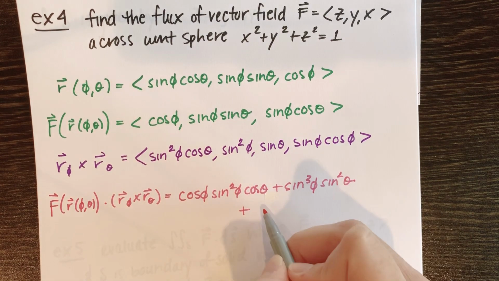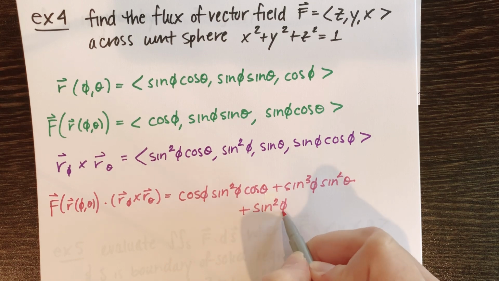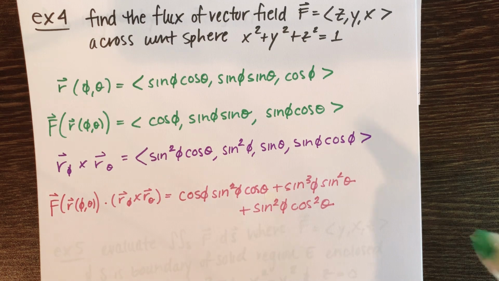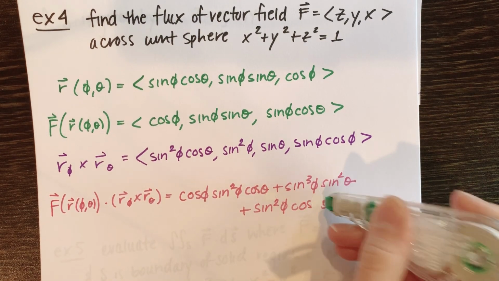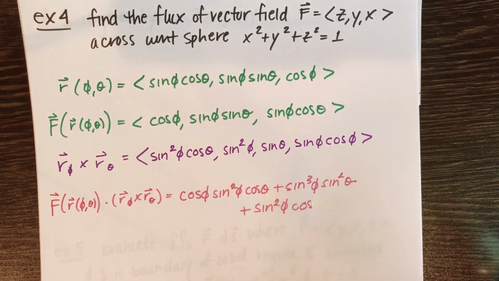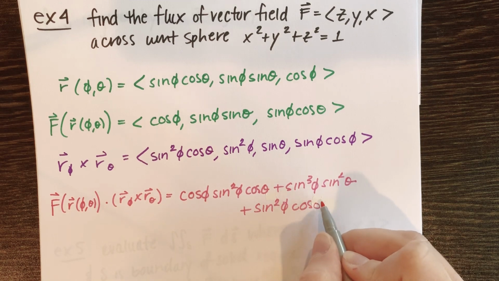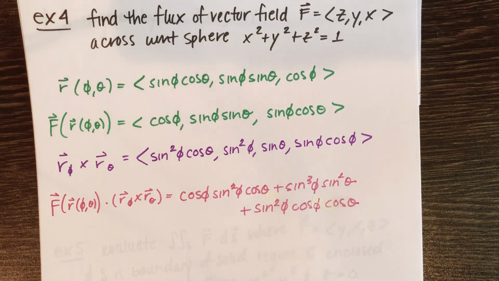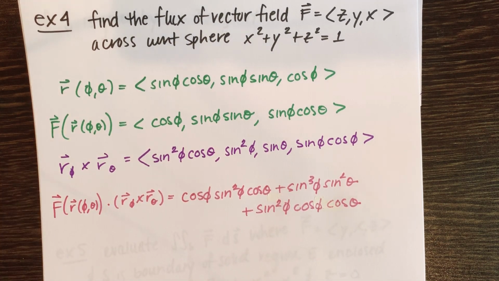Plus, and then sine squared phi cosine theta and cosine phi. So cosine phi, cosine theta. Those phi's and thetas look so similar sometimes, so just be cautious, because clearly I just made that mistake. You don't want to make that mistake just because you're writing so quickly.